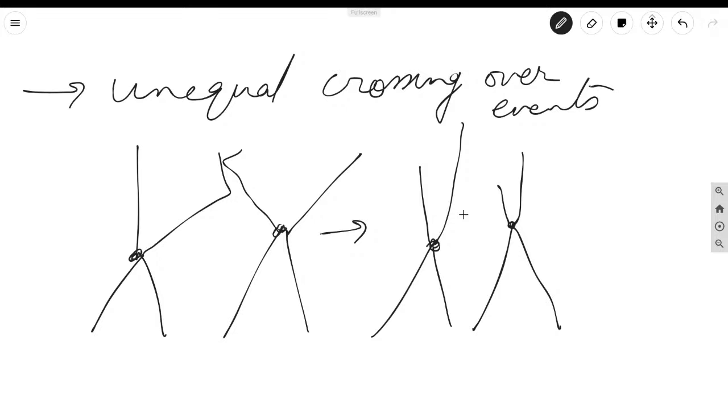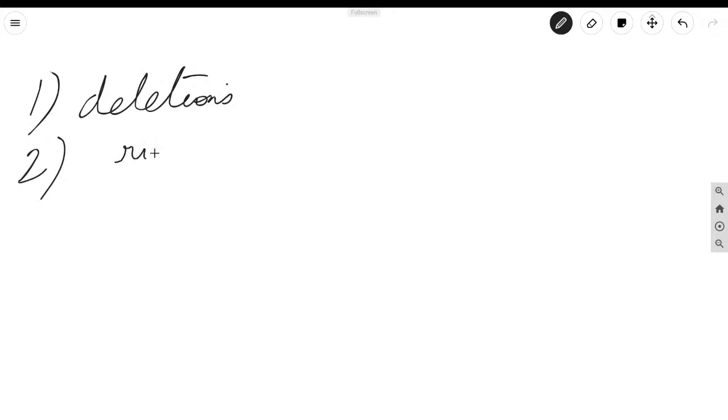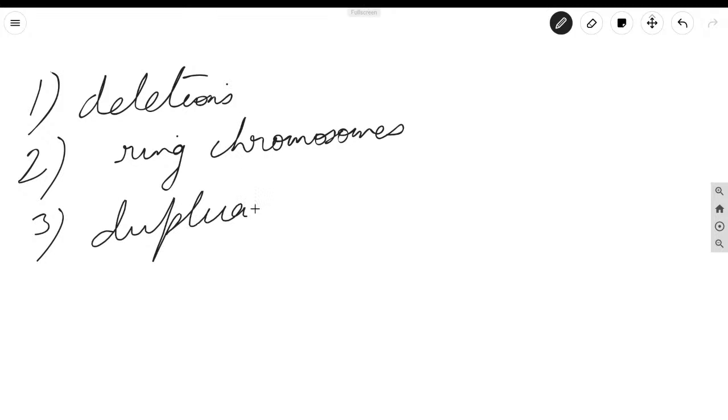So what happens is, it could result in deletions, ring chromosomes, duplication, translocation.